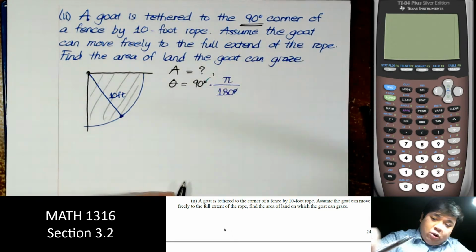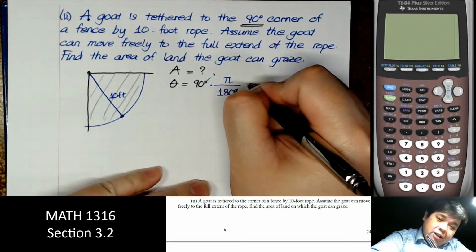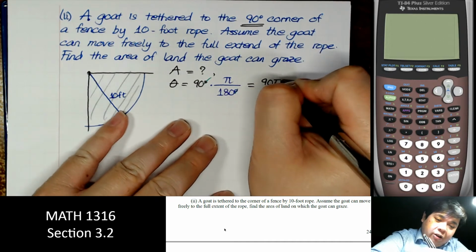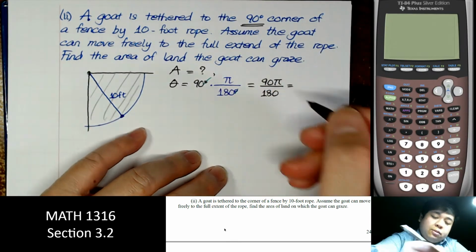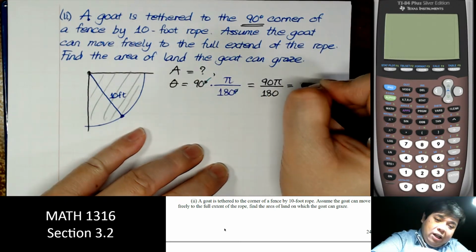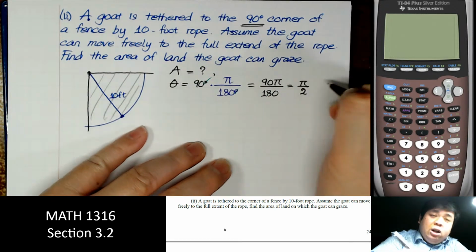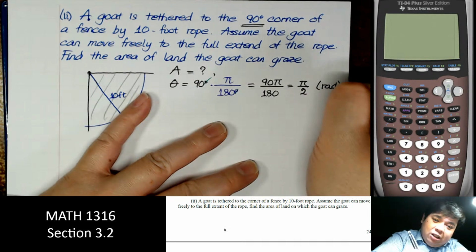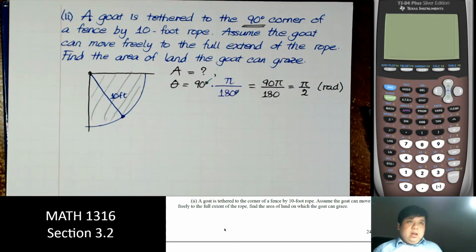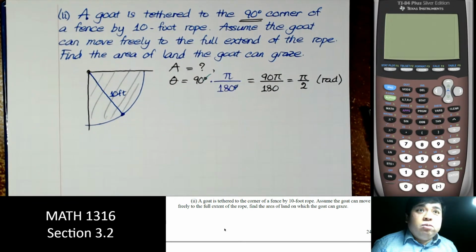Degrees cancel out. 90 pi divided by 180. 90 and 180, so that's pi over 2. Once again, radian, we can put it in or take it out if we want to. Right, so that is the angle.